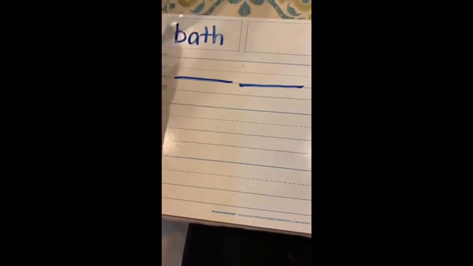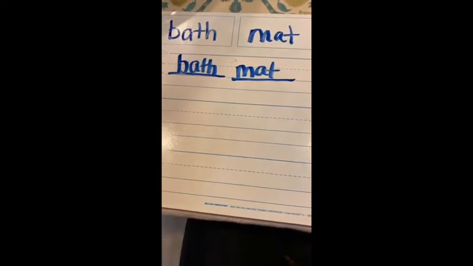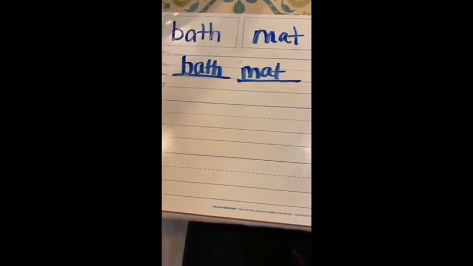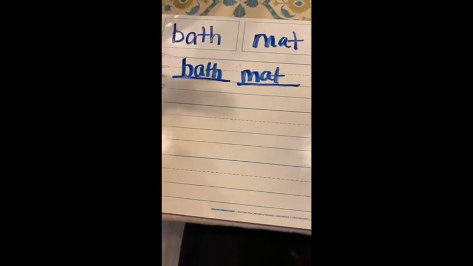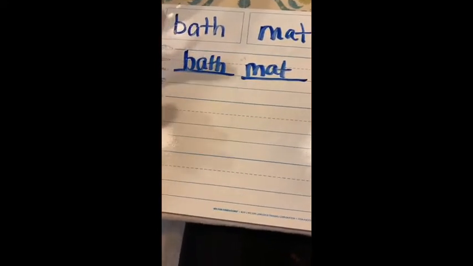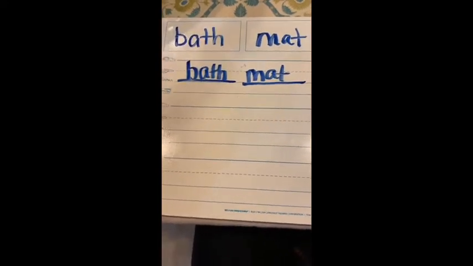B-A-T-H. Mat. M-A-T. Bath mat. You could also do the same thing. So this is a strategy just for practice so we can get practice spelling our words one syllable at a time.